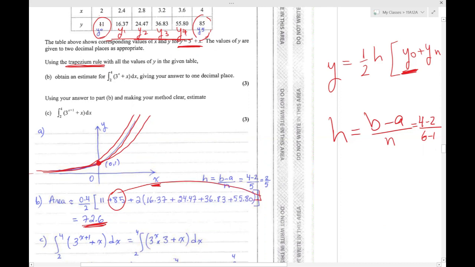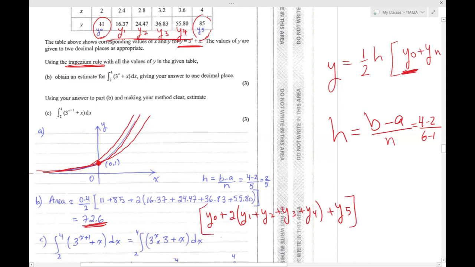I used this formula here to make you use the formula if you forgot it. Okay. Last time in the video, I memorized the formula like this: y0 plus 2 times y1 plus y2 plus y3 plus y4 plus y5. This is how I memorize it. But because they gave you the formula and I don't want you to memorize, this is why I use this to plug in the numbers like that.